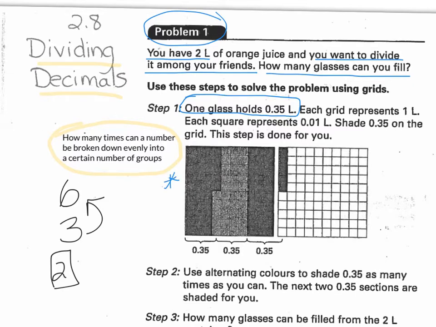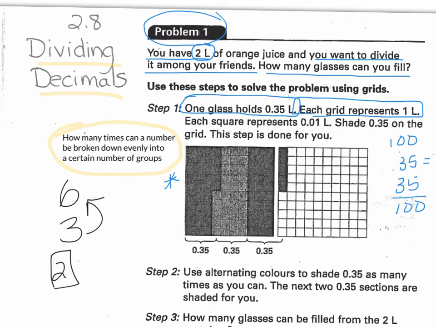I have 2 grids because I have 2 liters of orange juice. Each grid represents 1 liter, and in each grid there are 100 units or squares. I also know that 0.35 is equivalent to 35 hundredths.